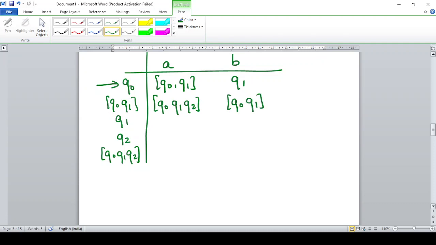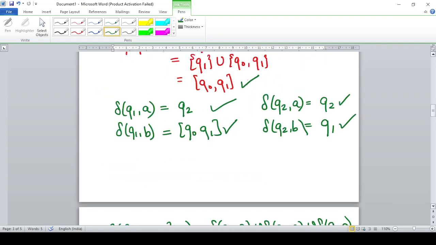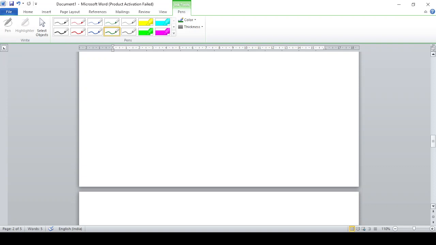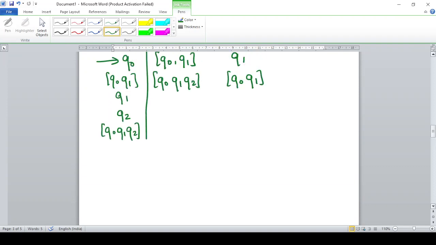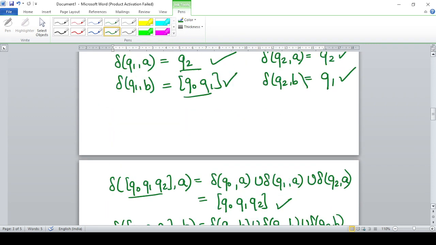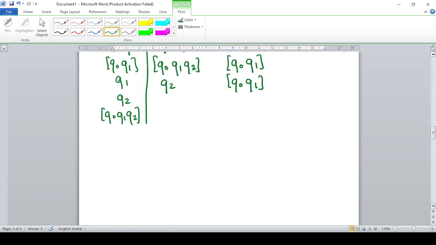Next state which you have defined is how much? It is Q1. Q1 A you are getting Q2, and here you are getting Q0 Q1. So Q2 and Q0 Q1. So you will write over here Q2 and Q0 Q1. Then Q2 you define for input symbols, it is Q2 and Q1 you are getting.